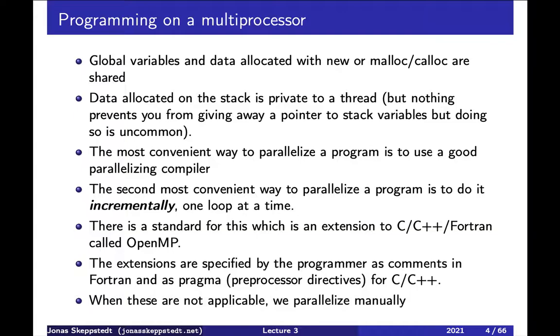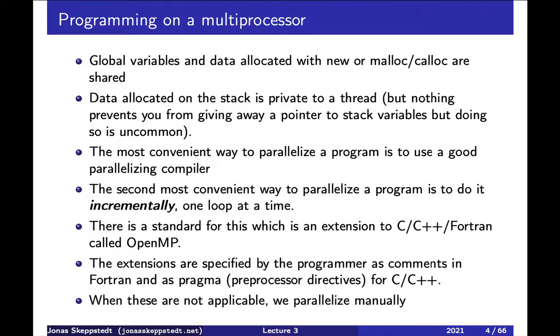Incremental parallelization is supported by something called OpenMP, which is available for C, C++, and Fortran. And there are other ways to do incremental parallelization as well for other languages. And what we basically say is that this loop can be run in parallel, and the compiler trusts us.